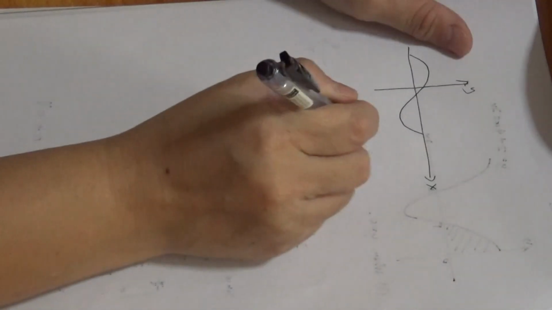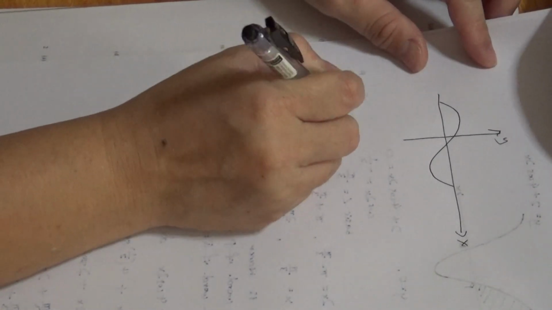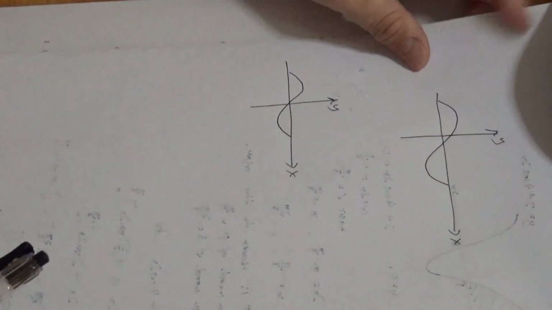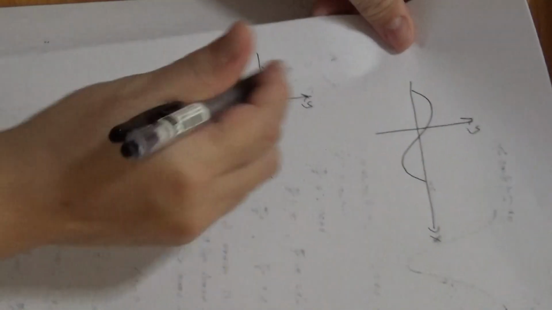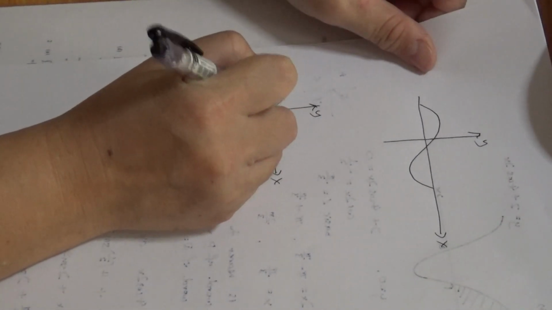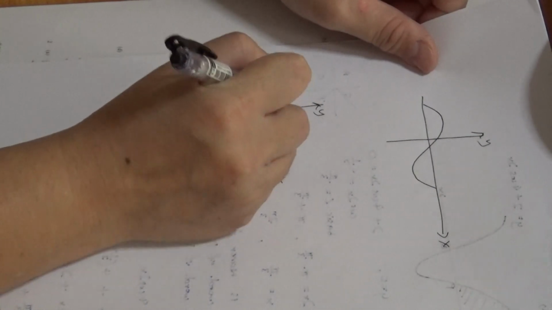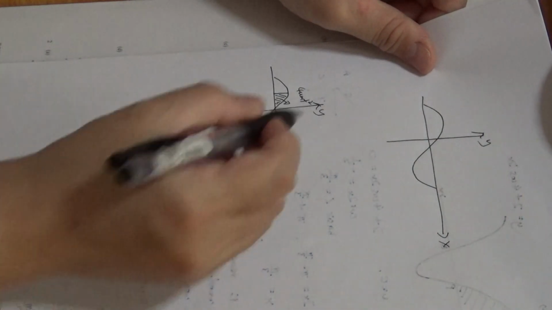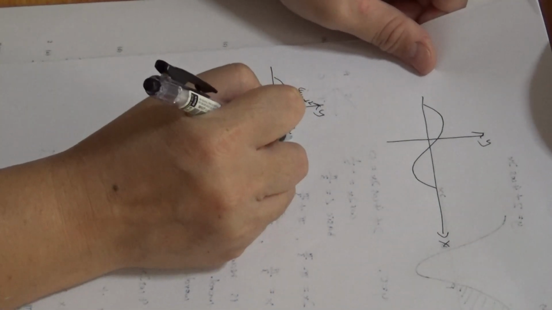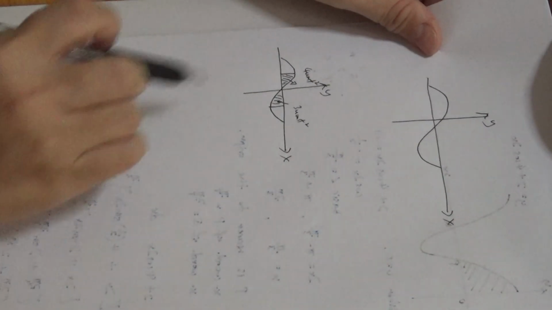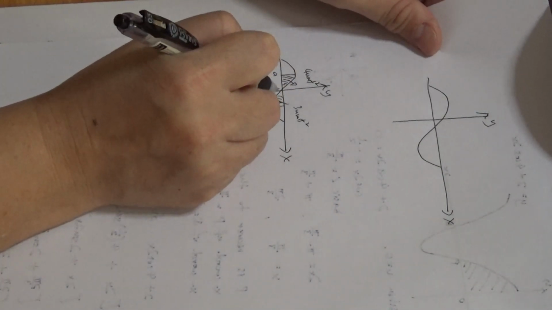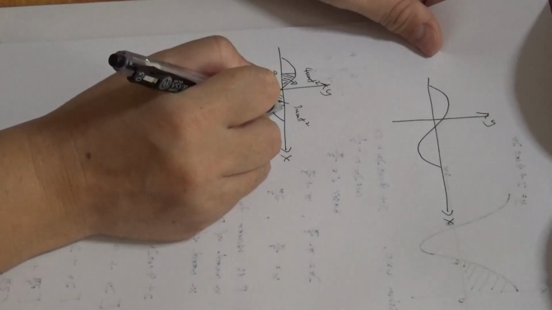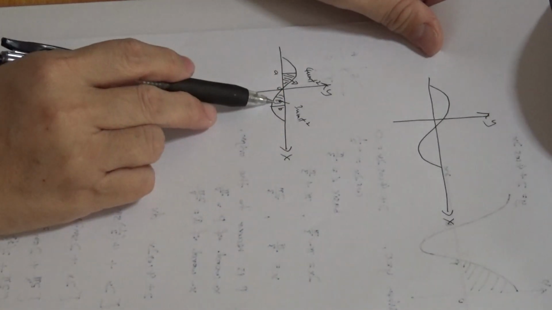I better draw it the same way, so let me just draw it again. So this is the particular question. Let's say this area is 4 unit square, and this area is 3 unit square. If I integrate from a to 0, I will get 4 unit square. If I integrate from 0 to b, it's actually a negative value.